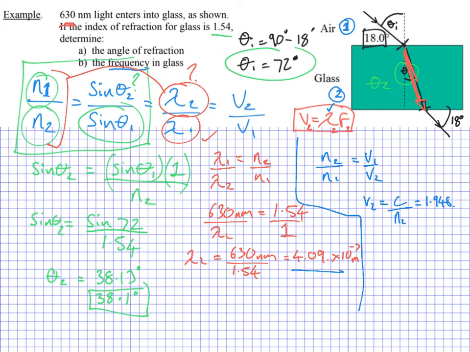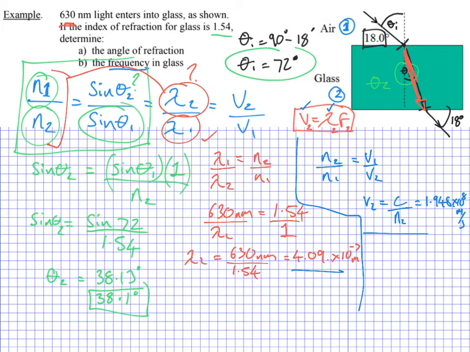Which gives you a speed of 1.948, keeping all those decimal places in your calculator, times 10 to the 8. That, of course, is meters per second. So we have our V2, we have our lambda 2. Now it's just a case of getting that frequency.